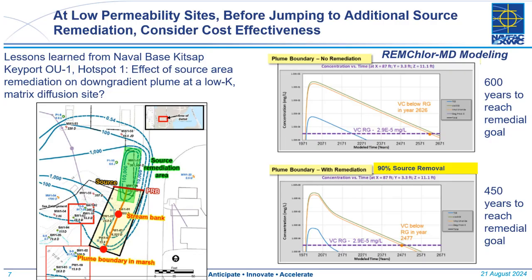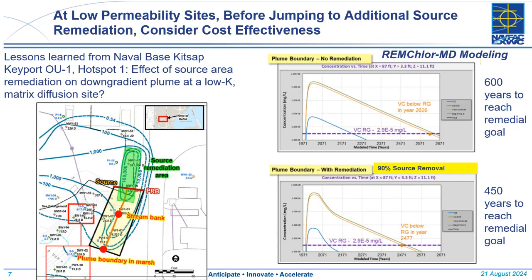For vinyl chloride, VC, their simulation showed it would take 600 years, six centuries, to get to the remedial goal. And then in the lower graph, they simulated what a 90% source removal might get them. 90% source removal only reduced the remediation time frame by 25%.